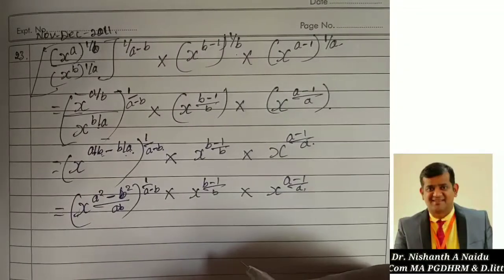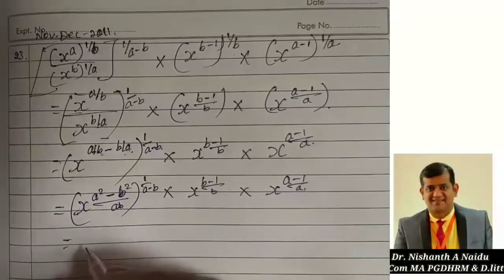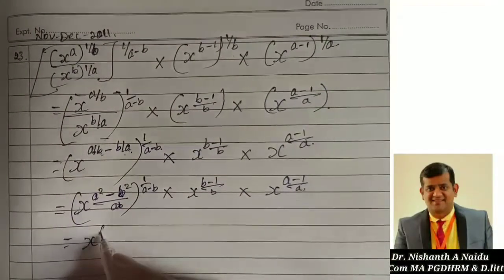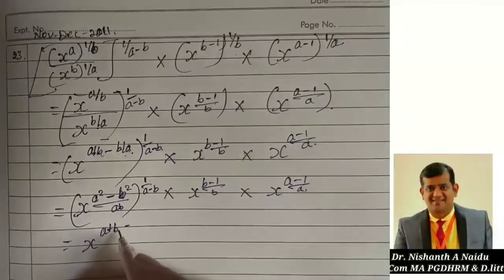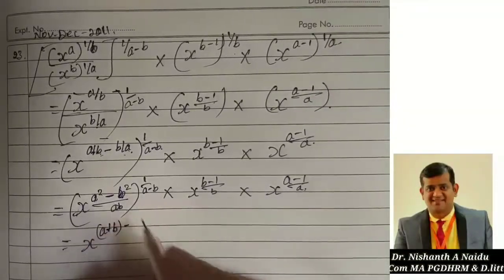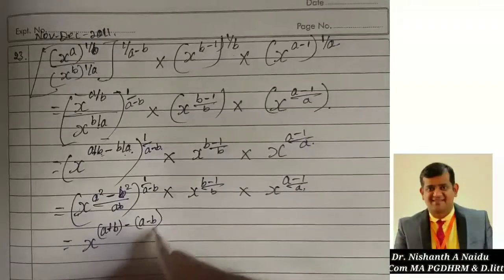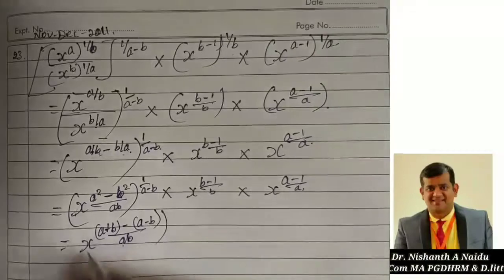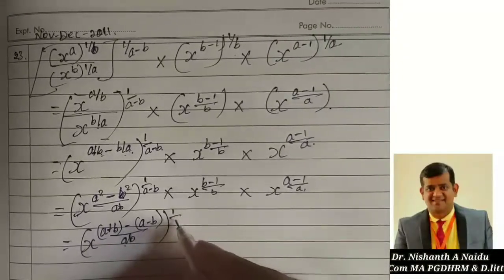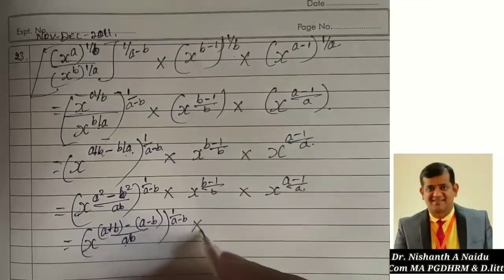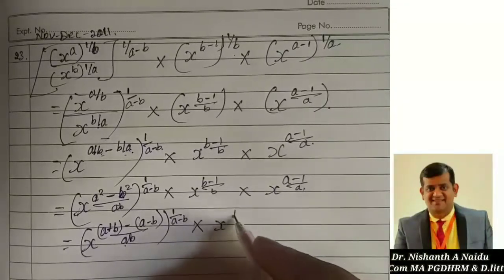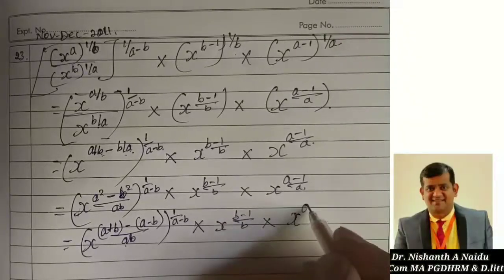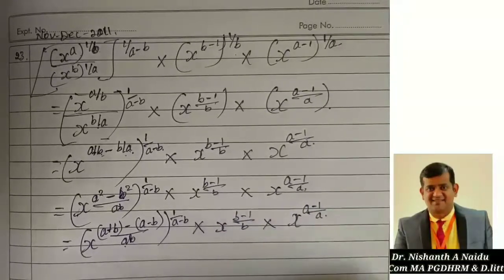Okay. So in the next step, what are we going to do? We will simplify this. That is x to the power a plus b minus x to the power a minus b, divided by ab, whole power 1 divided by a minus b, into x to the power b minus 1 divided by b, into x to the power a minus 1 divided by a.